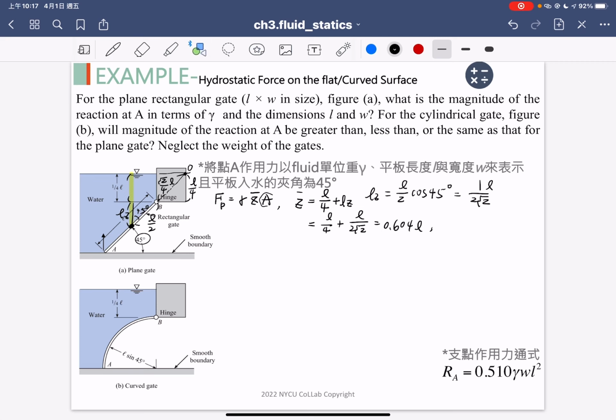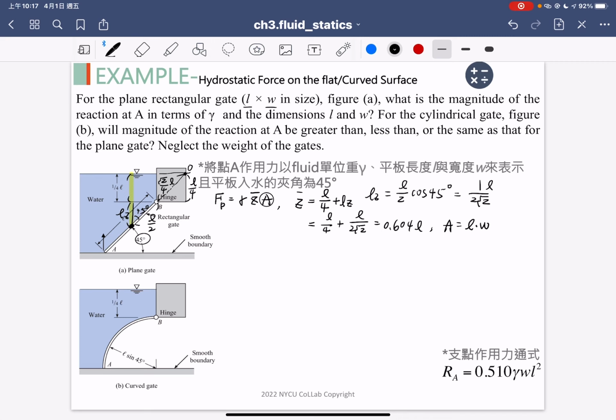The example tells us this is the planar gauge with length L and width W. So we can directly compute the area of the plate as L multiplied by W.